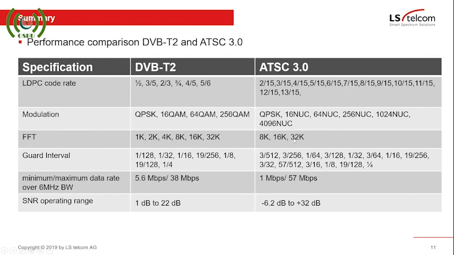There are not so many FFT combinations that can be used. And then you can again see differences in the guard interval, which will give you more options for the different size of networks and density of the networks you want to deploy.